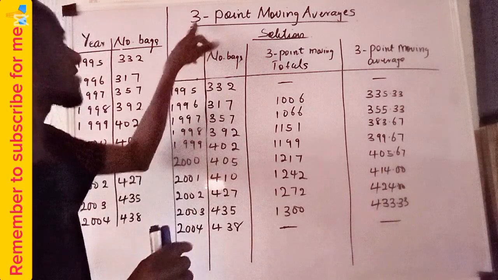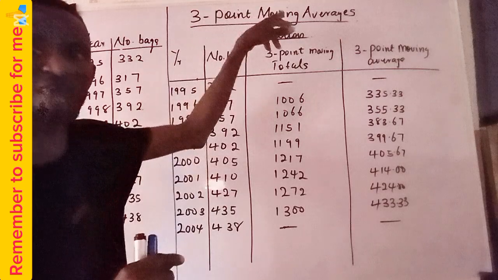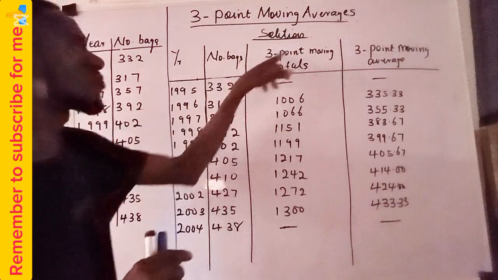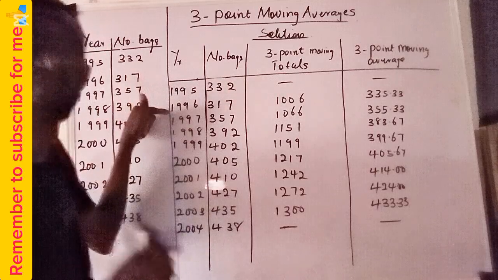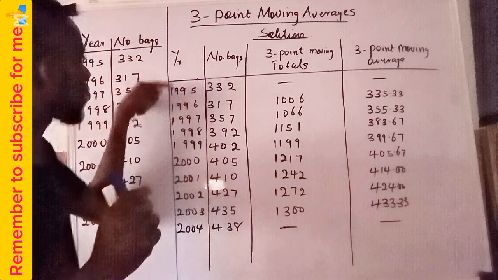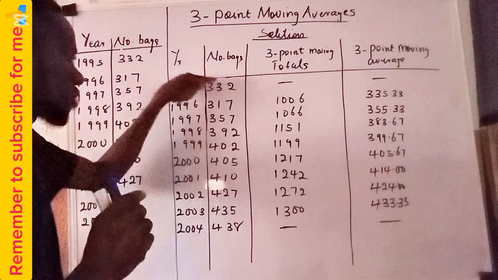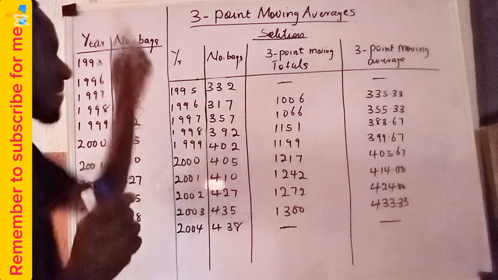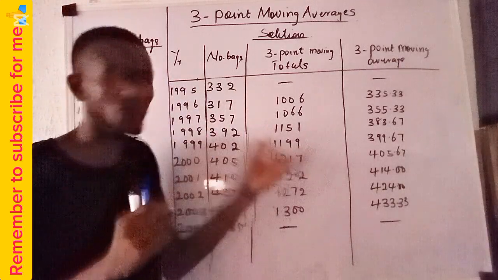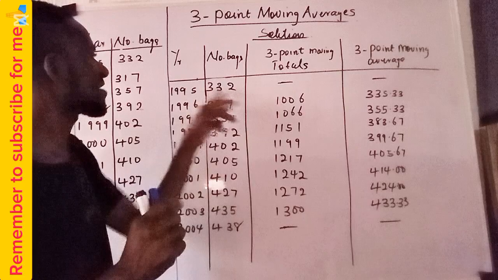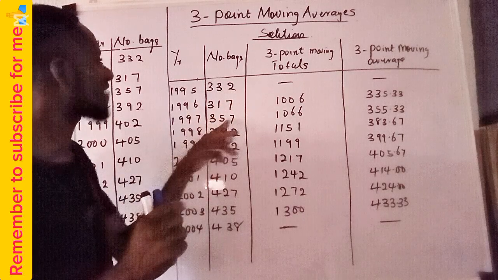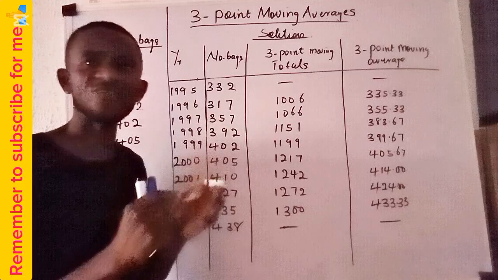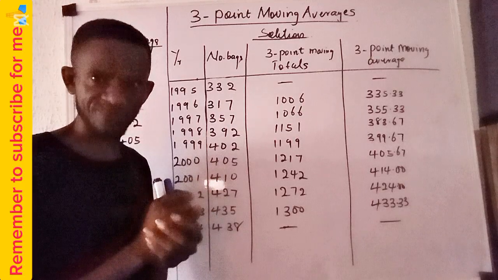So here the interest is on the 3-point moving averages. So on obtaining the 3-point moving totals, you count 3 points from the beginning of the data set: 1, 2, 3. You sum their observations. And then by the calculation that we already had done, 332 plus 317 plus 357, the answer is 1006.